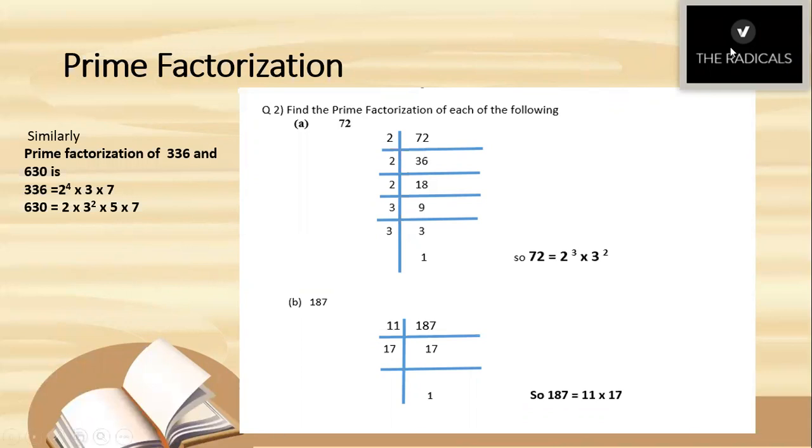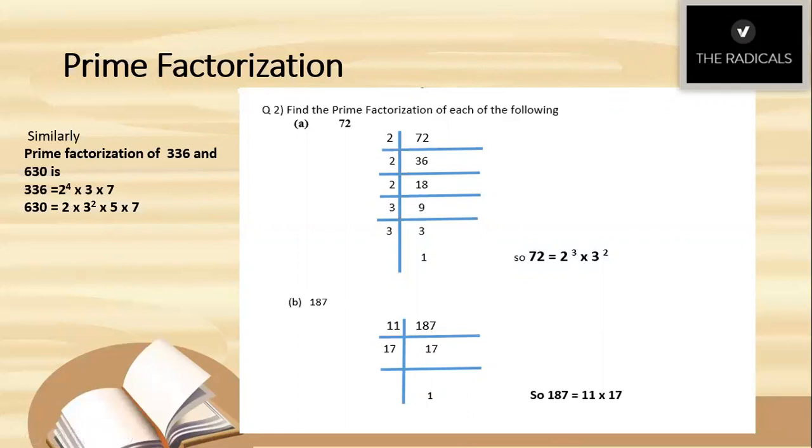As you can see, the number 72 is even, so we start with the smallest prime number, that is 2. 2 36s are 72. 36 is again an even number, so we will again divide it by 2. 2 18s are 36. 18 is again an even number. It will be divided by the smallest prime number, that is 2. 2 9s are 18. But 9 is not an even number, so it will not be divided by 2.